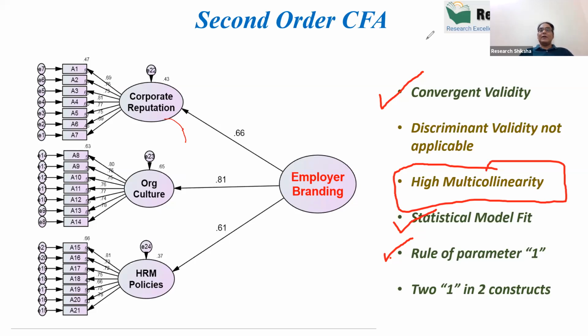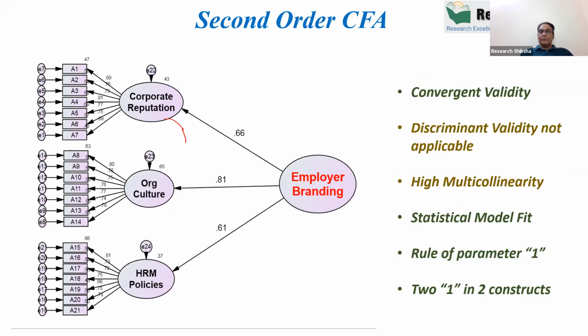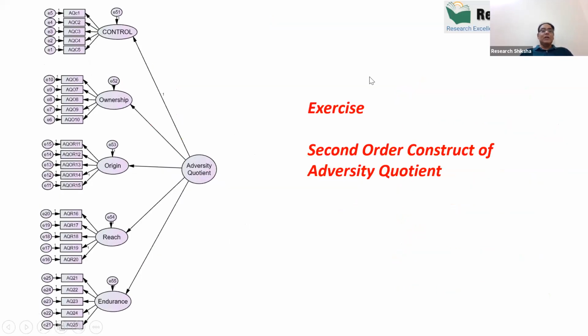Similarly, in another example, I'm showing you what happens when you are having a combination. So this is another example of a second order construct, like adversity quotient. Recently, everybody was talking about adversity quotient. Adversity quotient means when things are against you, how to take intelligent decisions in those scenarios.